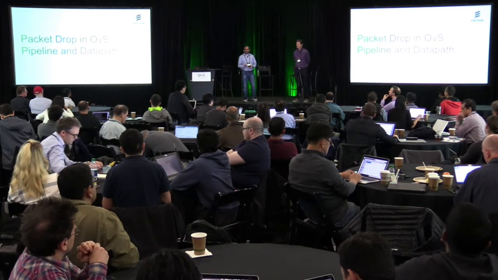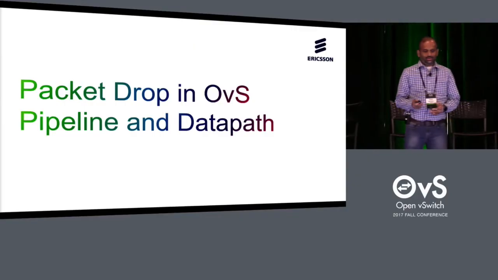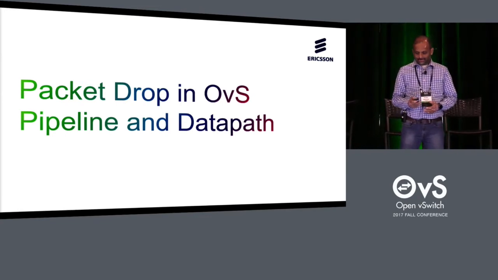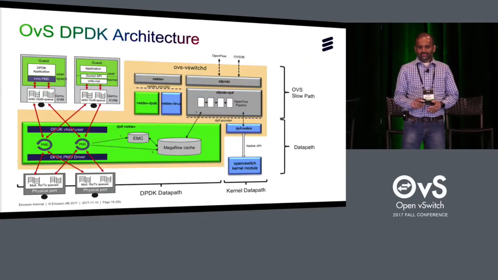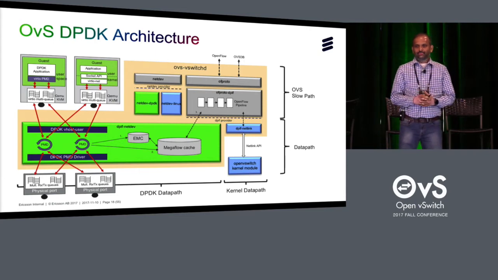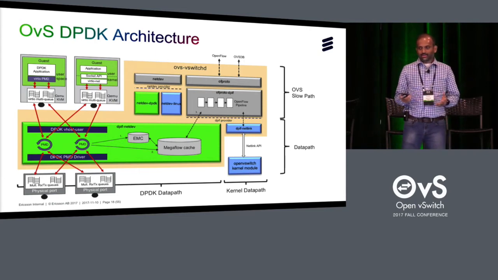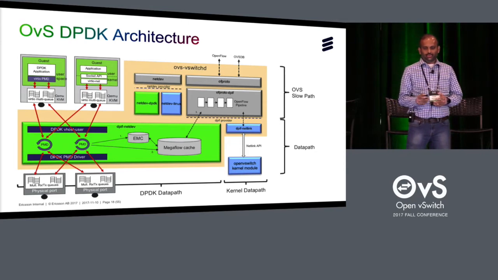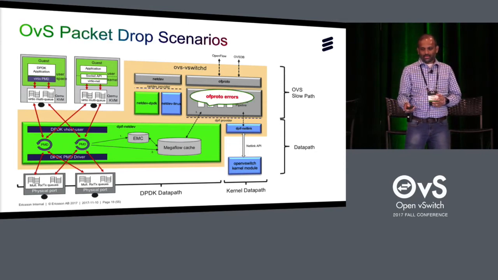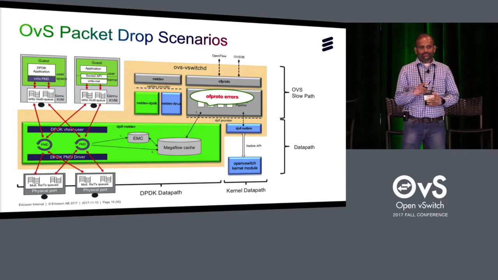Let's look at the second category of problems, that is packet drops in OVS pipeline data paths. This slide gives an overview of the OVS DPDK architecture. Now let's look at the various drop scenarios in the OVS. Packet drops could happen because of errors in the OVS proto layer.